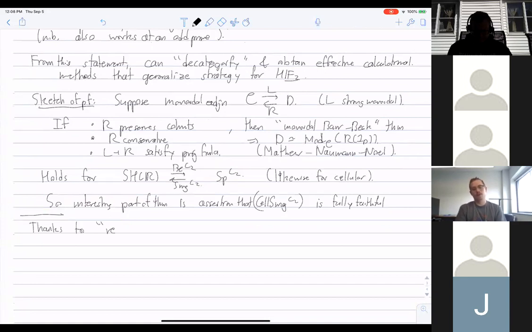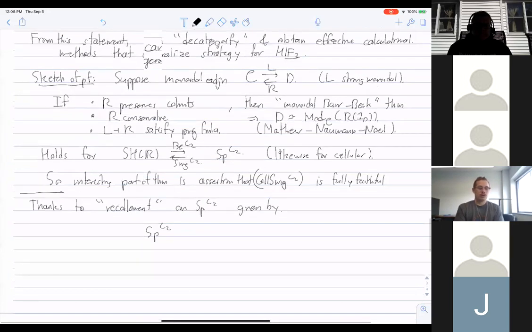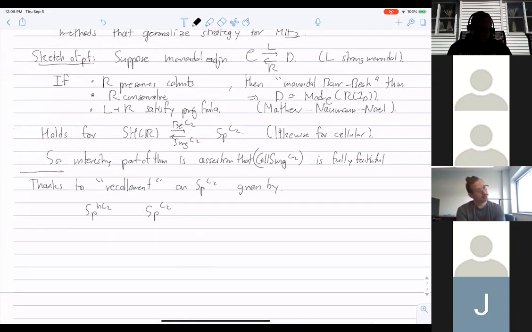Thanks to the so-called recollement on C2 spectra, which is given by taking the full subcategories of Borel C2 spectra and spectra, where spectra sits inside C2 spectra as the right adjoint, i lower star to C2 geometric fixed points.